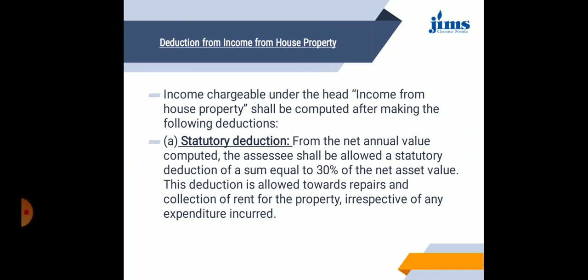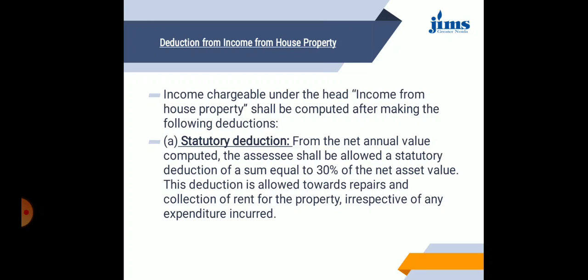Now comes the deductions from the income from house property. Income chargeable under the head income from house property shall be computed after making the following deductions. So, what are these deductions? Let us see. Statutory deduction number 1.